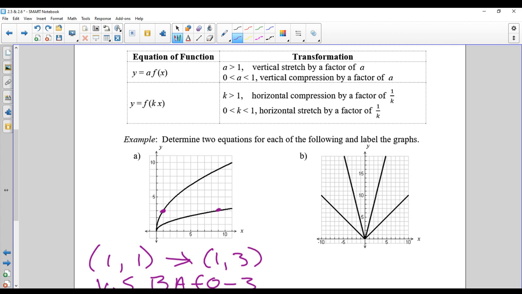So if we looked at it that way, would this be a vertical or a horizontal? And what is actually happening if it was either one? Is it horizontal or is it vertical? Yes, it's a horizontal.